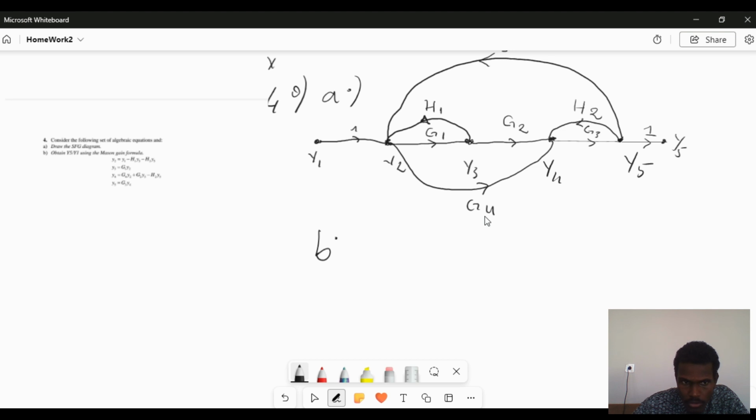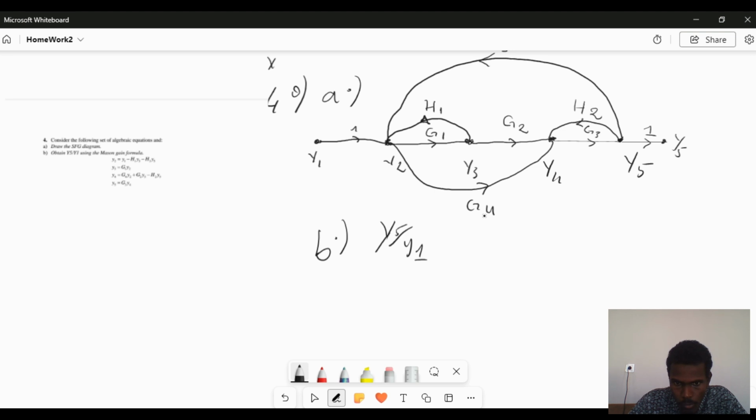In part B, we're asked to obtain y5 over y1. So first of all, we should find the forward paths.